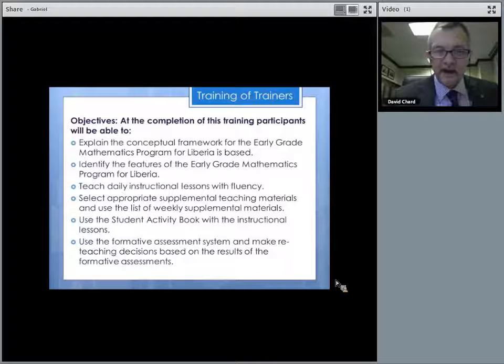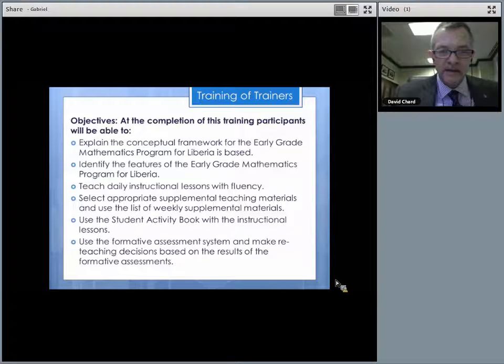Then the daily lesson plans were designed with the Liberian Teacher Training Project personnel so that they were recognizable to teachers. There's a section at the top that keys teachers into what the key subtopic is and how it relates to the Liberian curriculum, and the learning resources they're going to need to collect in order to teach the daily objectives.